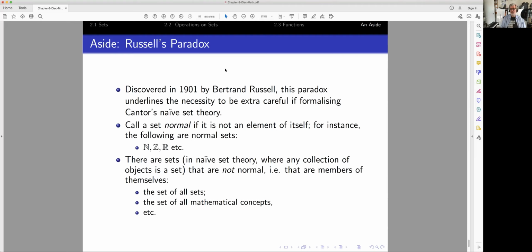So for example, the set of all sets, right? This is a legit thing. It's the set whose elements are all possible sets. Well, itself is an element of this set, because it's a set, or the set of all mathematical concepts. This is not normal using our definition because it's an element of itself.